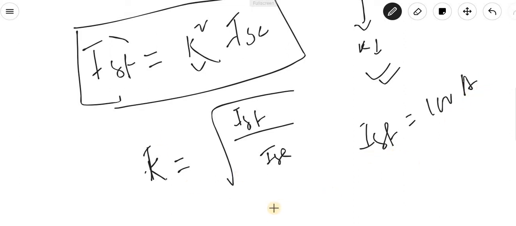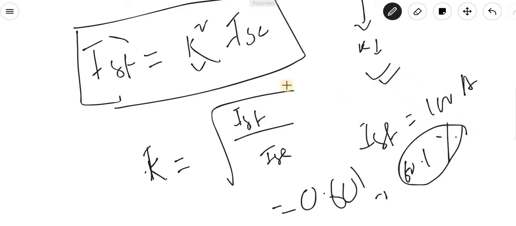So K will be the square root of 100 divided by 276, which will be 0.601, that means 60.1%.